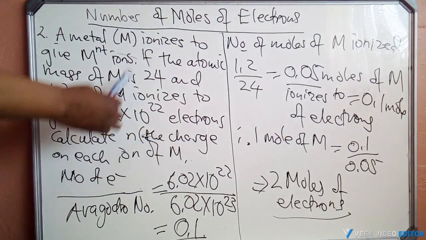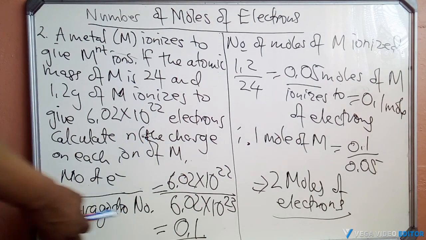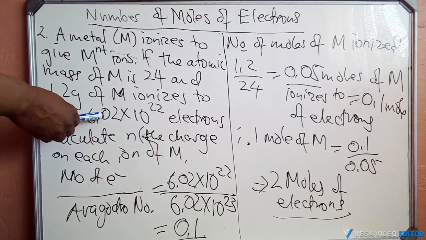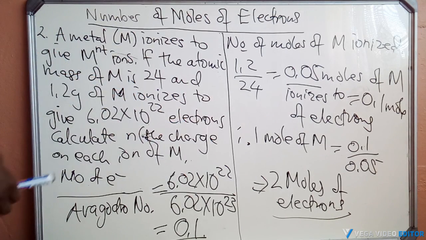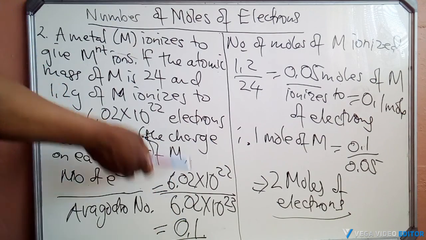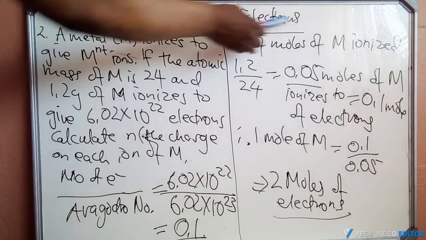So what we wanted to find out first in this calculation was the number of moles of electrons. Here we were just given the number of electrons, and we wanted first to find the number of moles of electrons, because that is what the question entails.